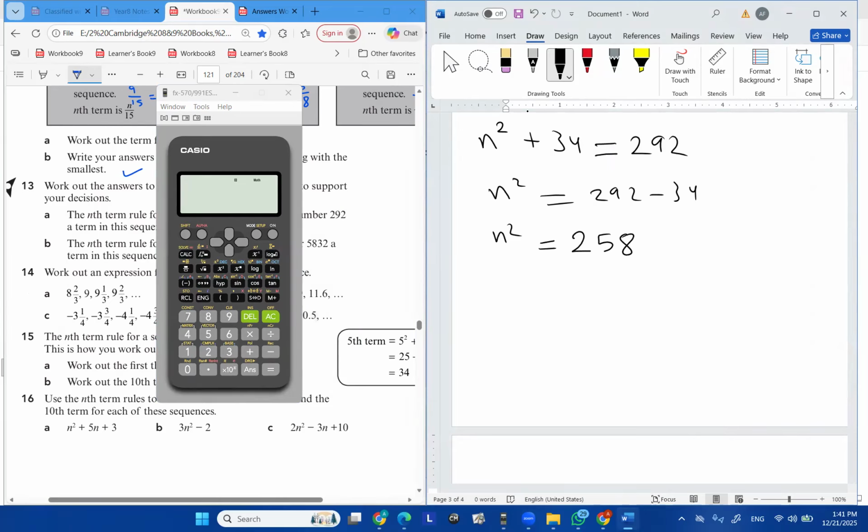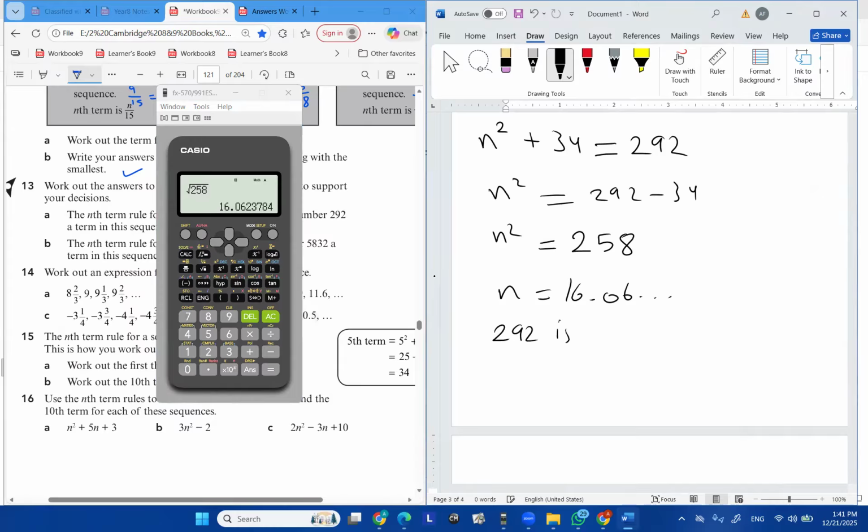Is there a square root for 258? You're going to find no, there is no square root. Which means it is not a term.